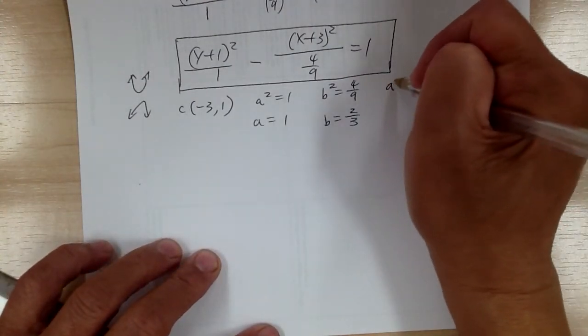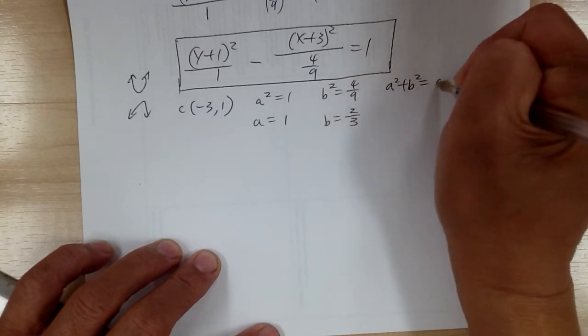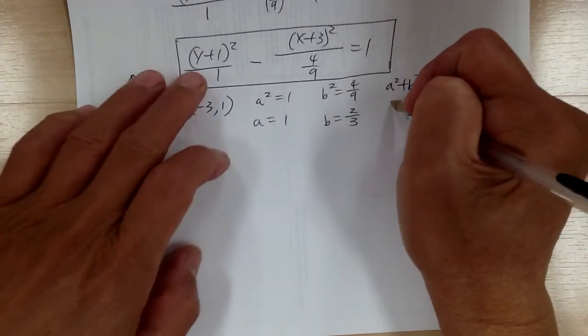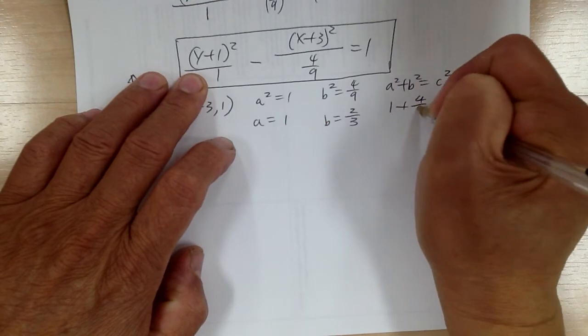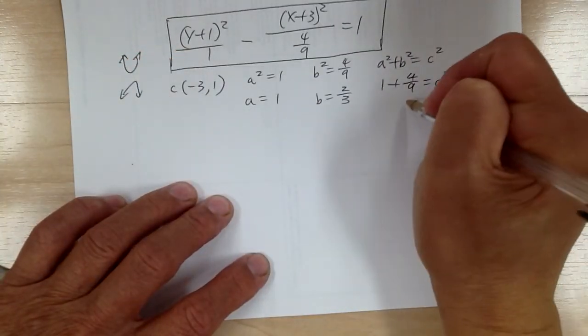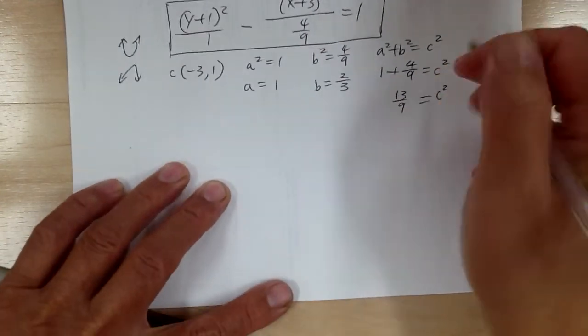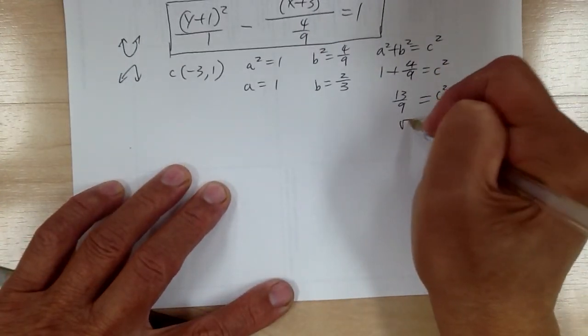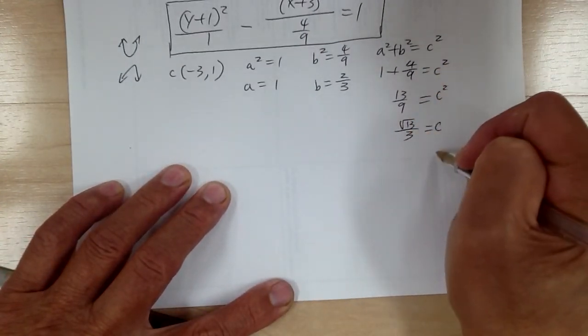And a squared plus b squared equal to c squared, so 1 plus 4 over 9 equal to c squared, so c squared equal to 13 over 9, so c equal to square root of 13 over 3.